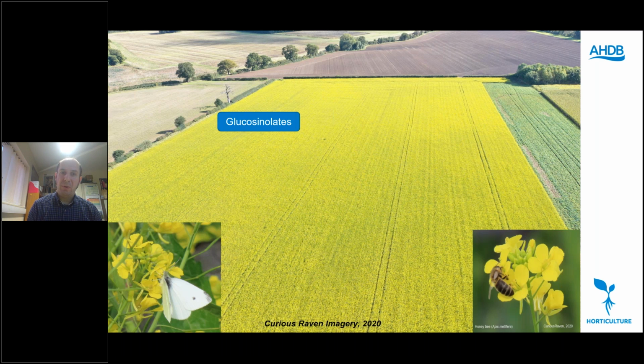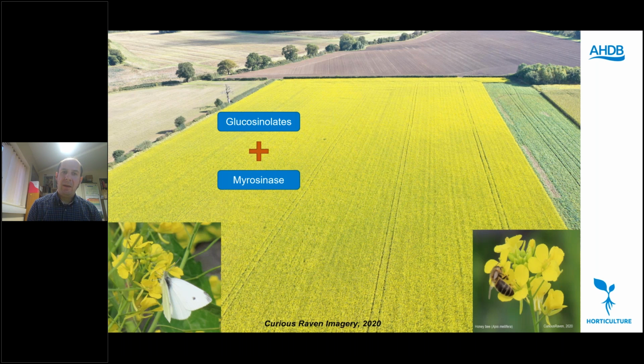So we're trying to grow these plants for glucosinolate content. This is the important metabolite. The glucosinolates themselves are not the bioactive compounds, but they are the precursor to the bioactive compounds. We grow these plants to maximize glucosinolate content, and typically this occurs around the point of early flowering.